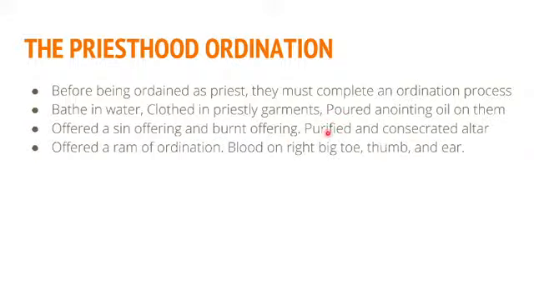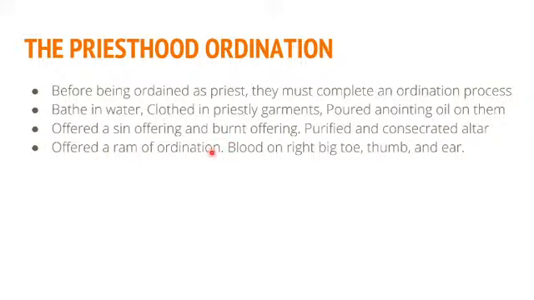So you had to purify and consecrate the altar, basically saying this is also going to be used for godly service. So they offered a ram of ordination, to ordain them, just like we have ordination ceremonies today for people who are ministers. It's basically similar to that.